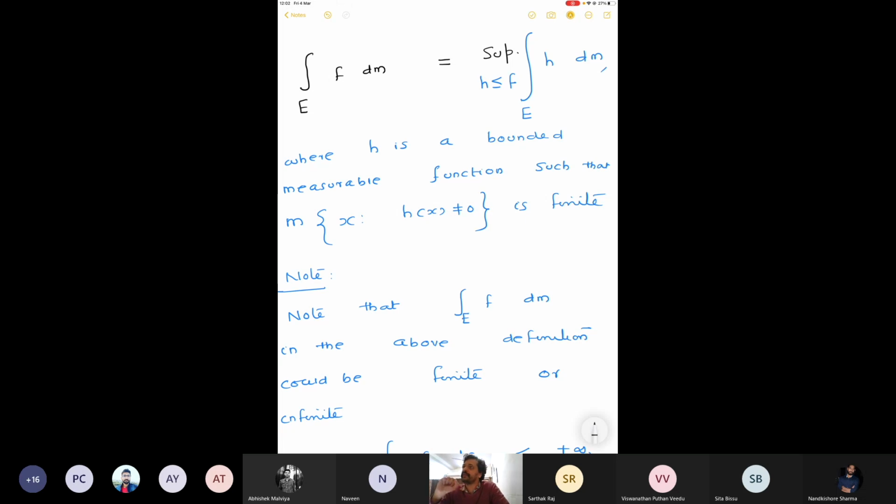Second step nobody is doing. Mostly students are just stopping with it being a sigma algebra. That it is a sigma algebra doesn't mean that it is the sigma algebra generated by that. Like that, many questions which are doable, people are not doing. I don't know where we are missing.